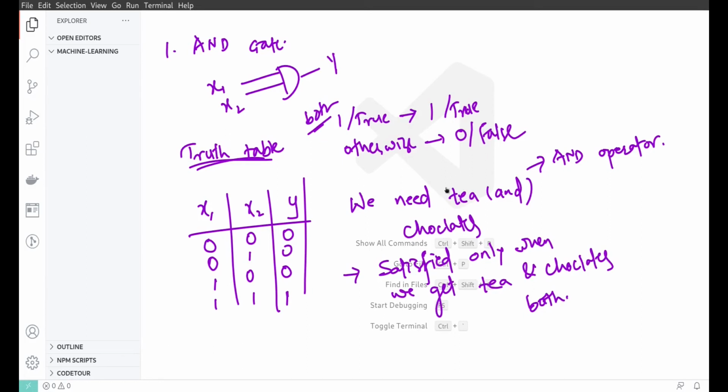But if we get only tea and not chocolates, or only chocolates but not tea, or if we don't get tea and chocolates both, then we are not satisfied. When we say that we need tea and chocolates, we want both of them.